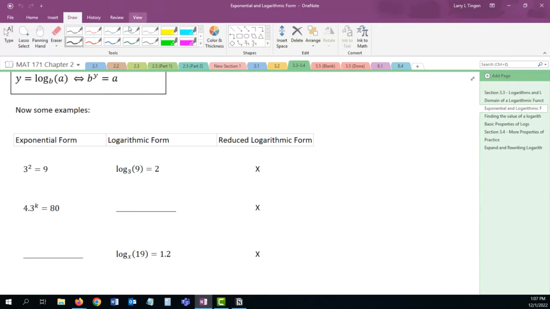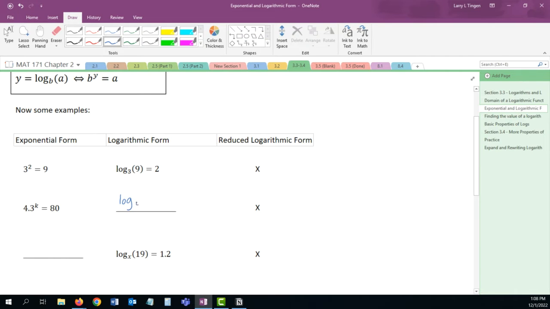And that's a really important feature. So for instance, 3 squared is equal to 9. So log base 3 of 9 is equal to 2. Those are equivalent statements. What power do I raise 3 to get 9? 2. So we're going to do the same thing, just swap between them.